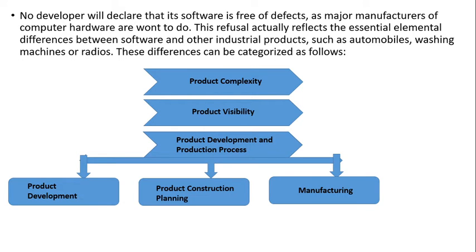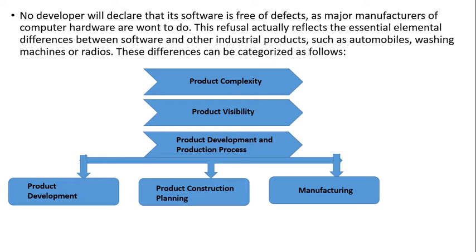We have to use different versions of that software. So the visibility of a product in other industries is visible to the end user. But software visibility is for the end user; they do not know which types of languages, which types of frameworks are used by the software engineers.